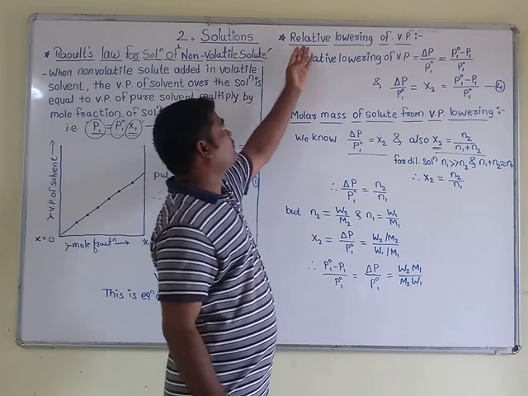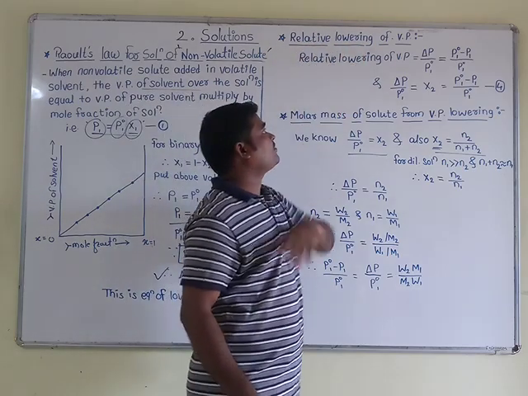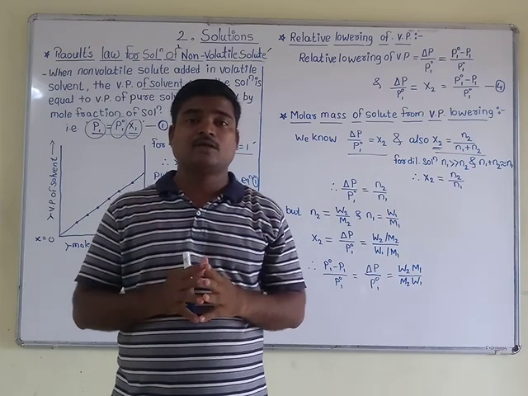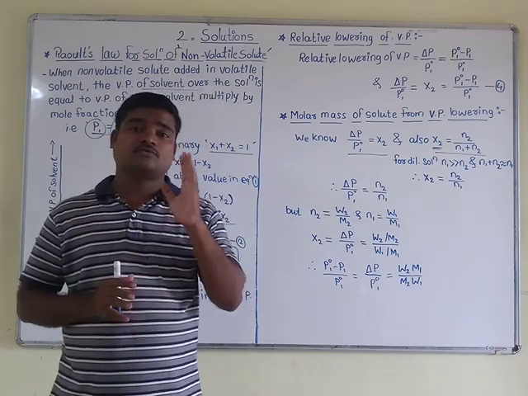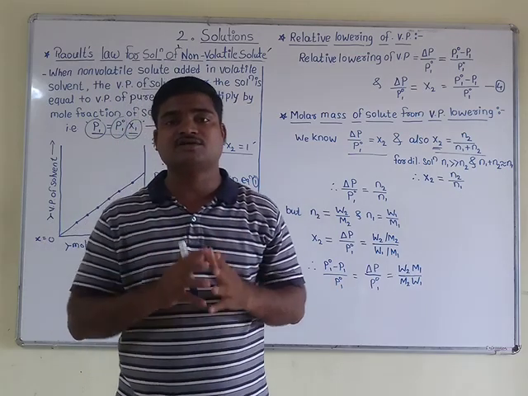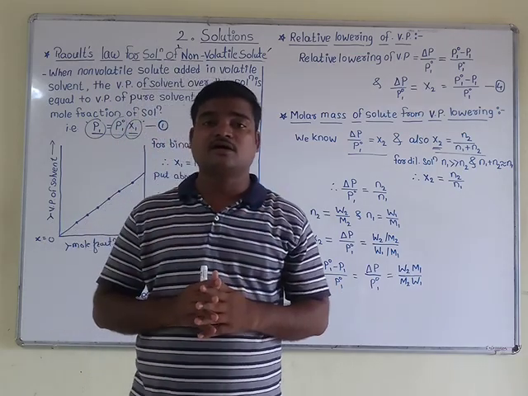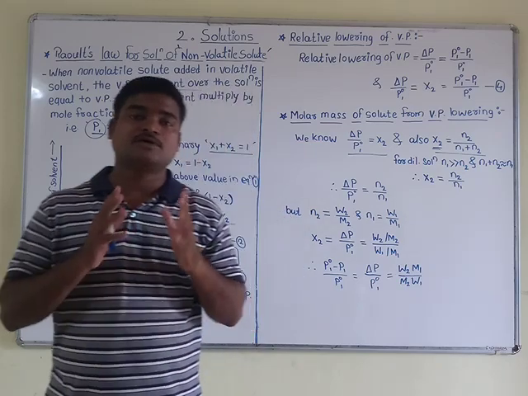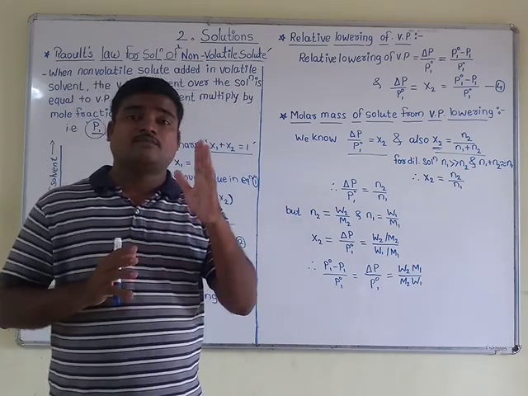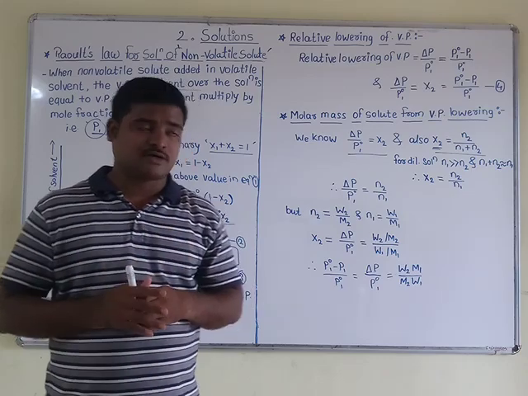Now we will see the next point, that is relative lowering of vapor pressure. Relative lowering of vapor pressure is the term obtained when you divide the lowering of vapor pressure by P1 0, which is the vapor pressure of the pure solvent.